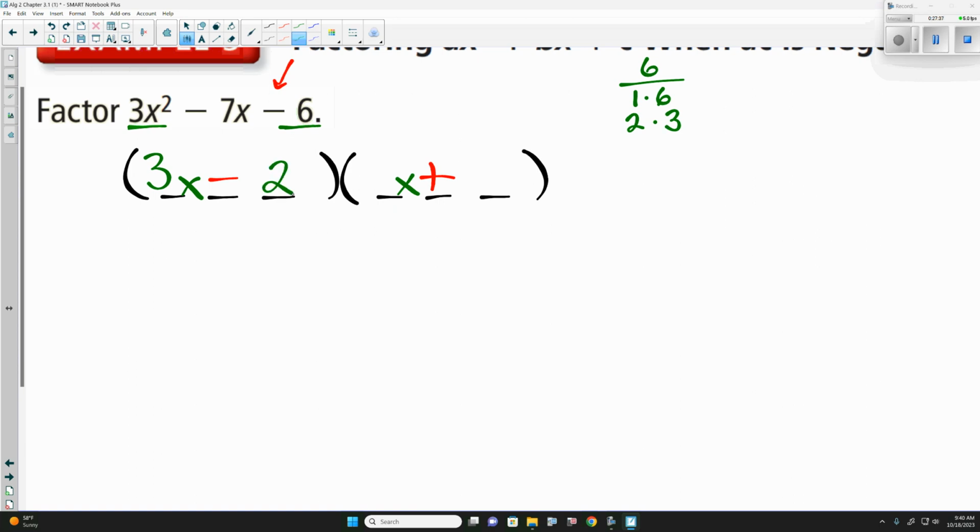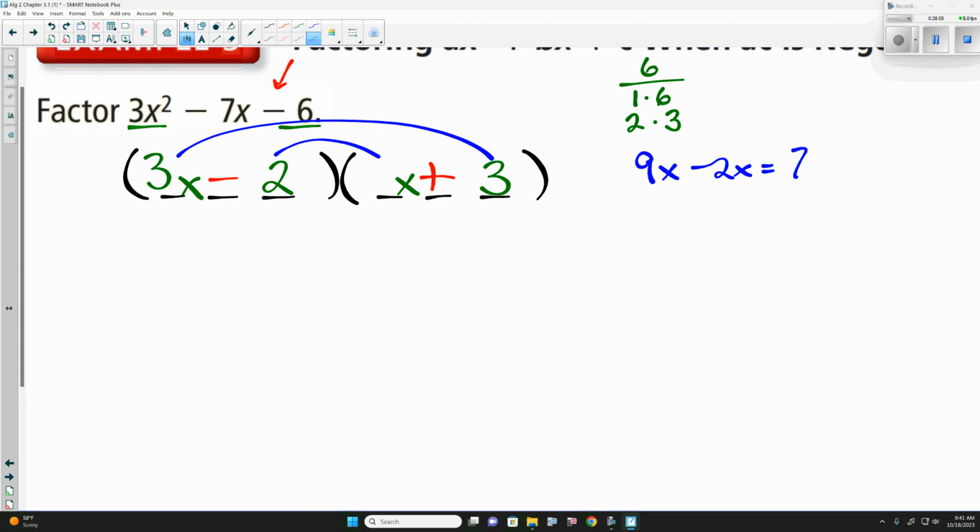2 in the first, 3 in the last. Right, because if we had 3x minus 3, there is a greatest common factor of 3. And if there is one there, there had to be one at the beginning. Since there's not, they can't go together. 3x times 3 is 9x. Negative 2 times x is negative 2x, and 9x minus 2x is 7x.